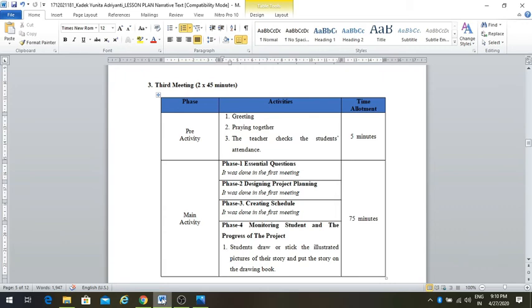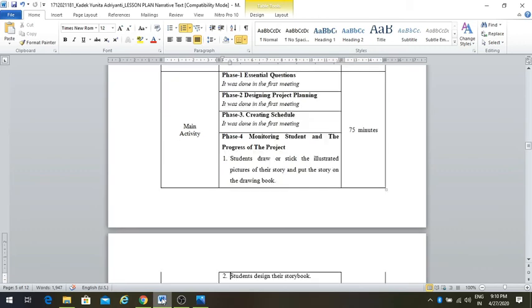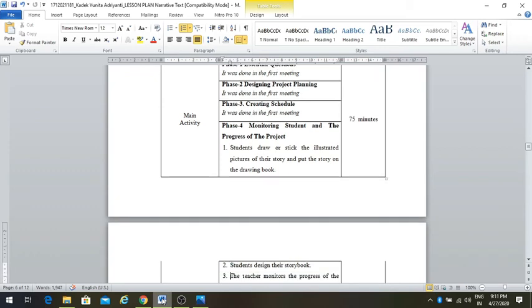in this stage the students draw or stick the illustrated pictures of their story and put the story on the drawing book, and then the students design their storybook.